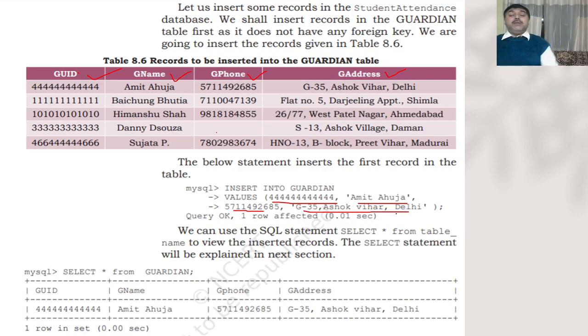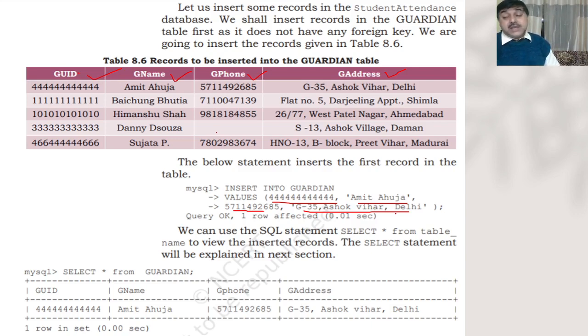Here one thing you need to notice: when you are inserting values, you should follow the pattern in which the attributes are arranged. Don't put the guardian address first and the guardian ID at last. This way it will not be accepted, and you can get a wrong interpretation.